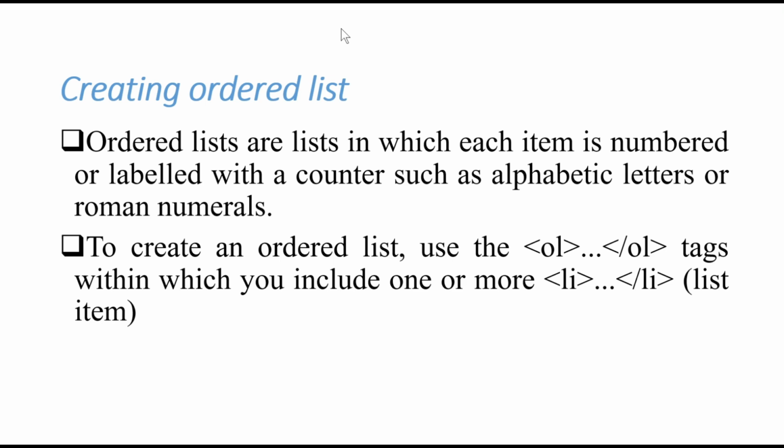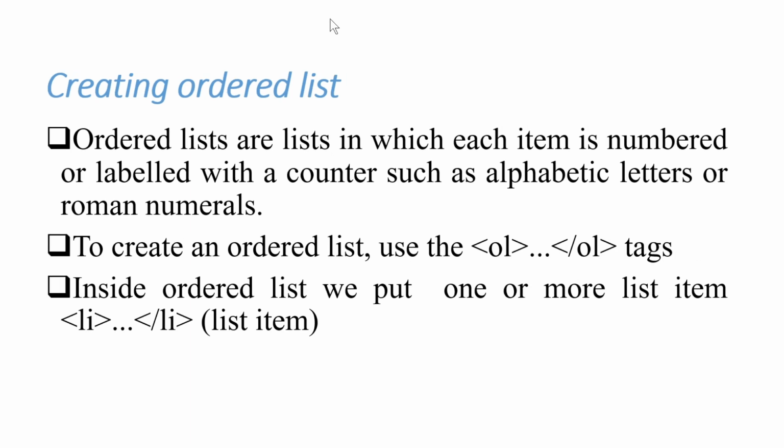Continue with ordered list. Creating an ordered list. Ordered lists are lists in which each item is numbered or labeled with counters such as alphabet or Roman numerals. To create an ordered list, use the tag OL, open tag as you see, and close tag.